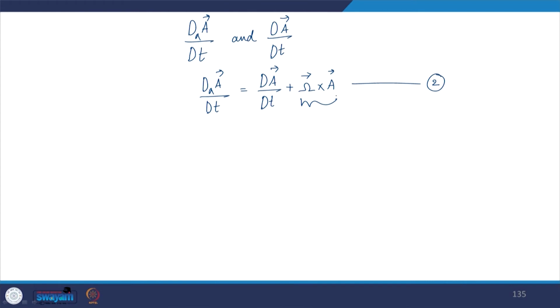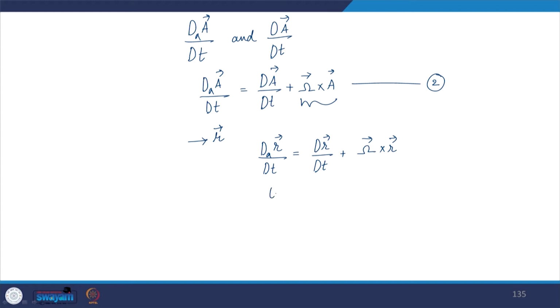So, practically we can now replace the vector A with u, right. So, now let us say we use the position vector. We apply this relation for a position vector. So, how can you write dA r by dt is equals to dr by dt plus omega cross r.